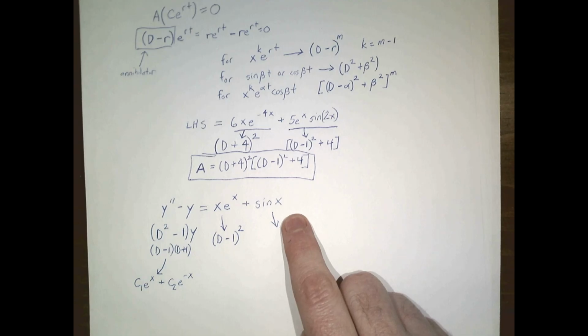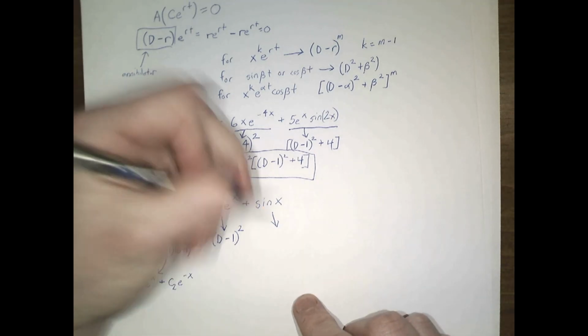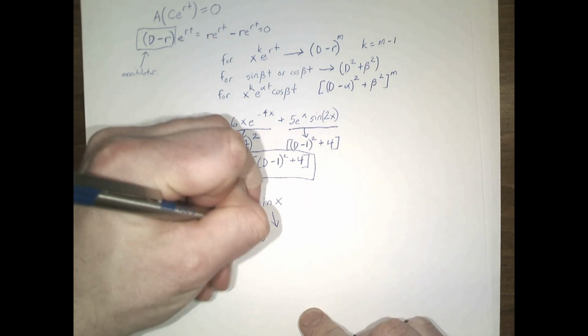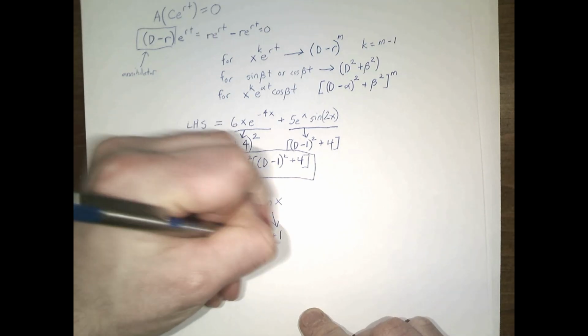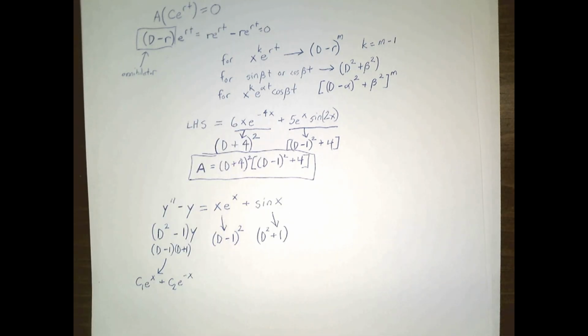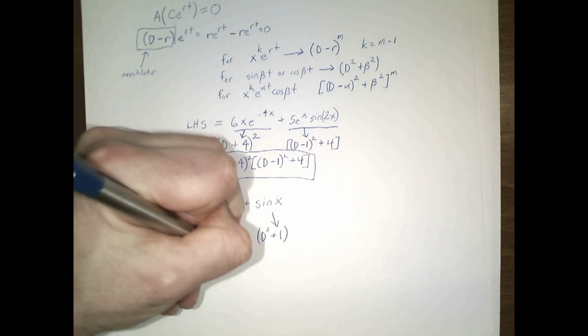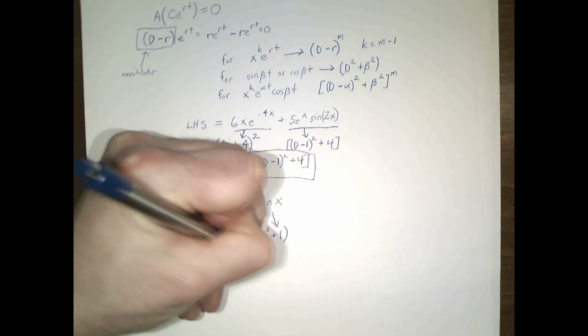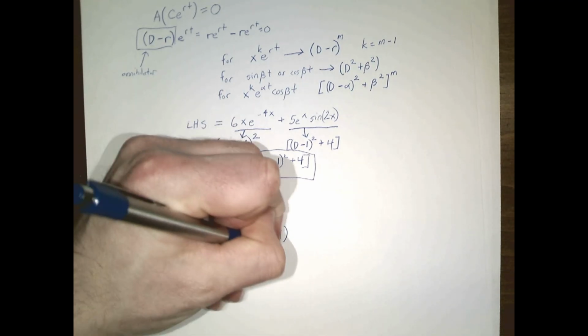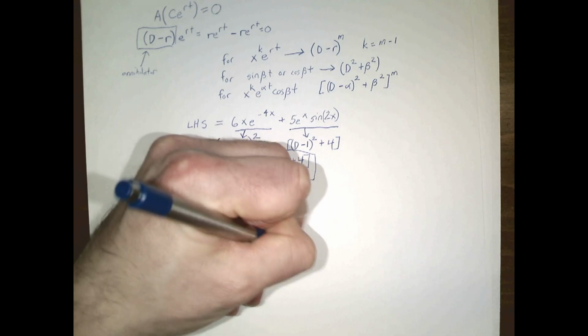Here inside the argument, we just have 1x, and so we're going to get D squared plus 1, like so. So those are the two annihilators for each term. We multiply them together to build the overall annihilation operator D minus 1 squared times D squared plus 1.